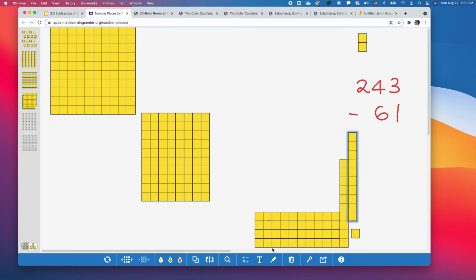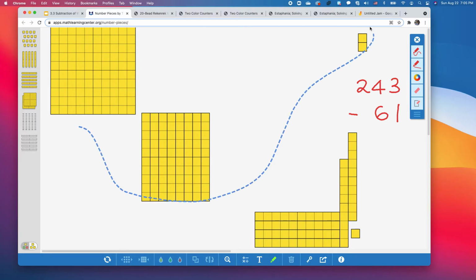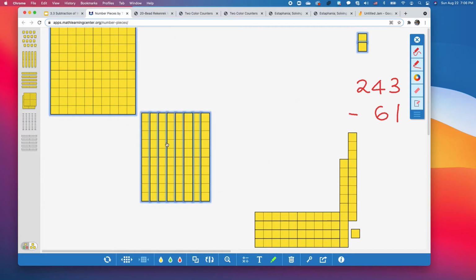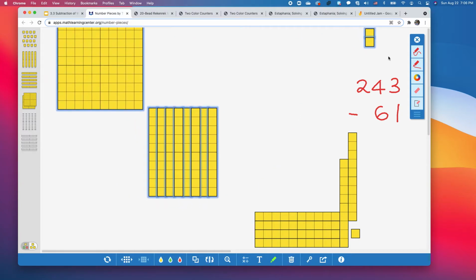I wish I can move all this together. I don't think it will let me. Okay, so how many is left? This is how many are left. Hold on.